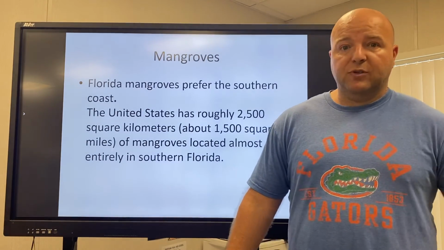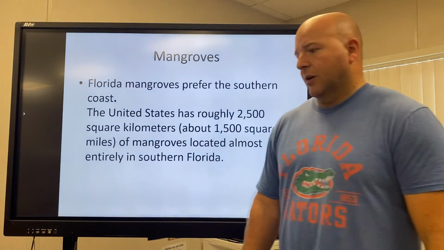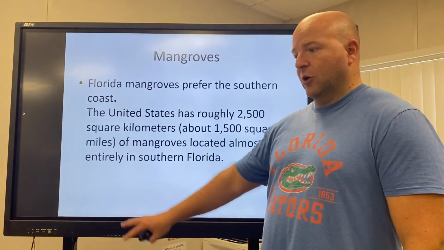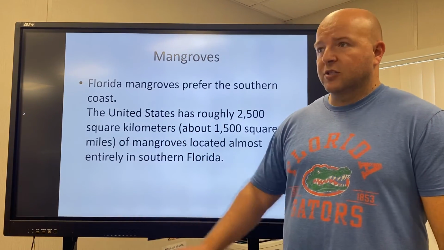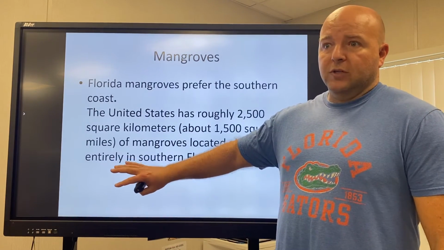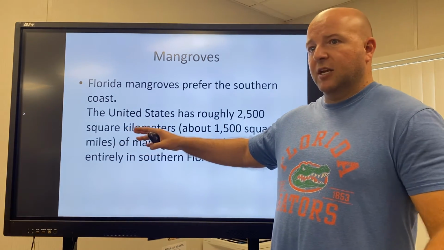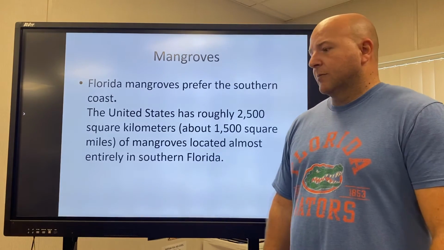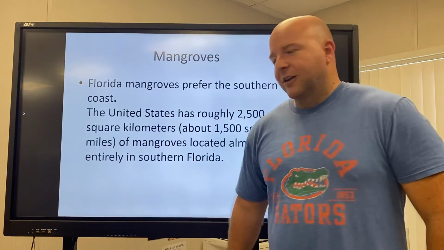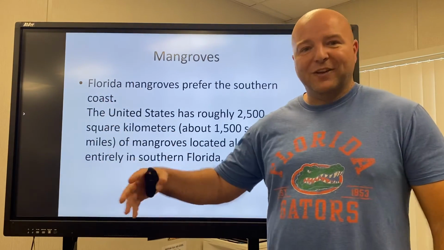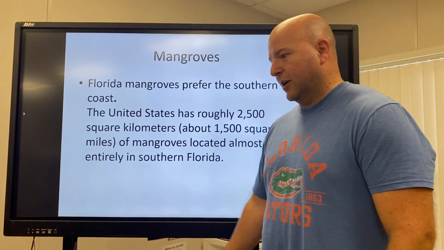Florida does have some mangroves. We are one of a number of places around the world that have them. They do prefer the southern coast of Florida. Down in the Keys, you'll see lots and lots of mangroves. And then as you go over to the Gulf of Mexico side of the state, from Sarasota down, you have a fair amount of mangroves that show up throughout the rest of the southern end of the state.